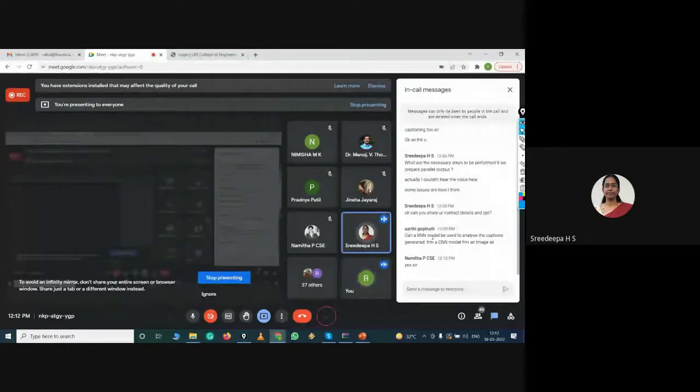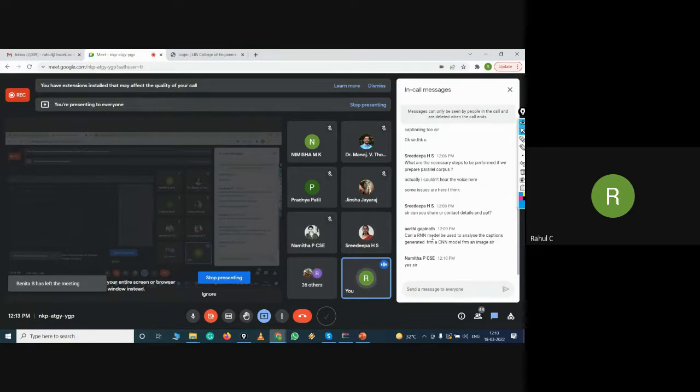Okay, sir. My doubt is how can we incorporate these features into this neural network or word embedding algorithm? What you can do is take a ready-made word embedding algorithm. The standard word2vec and GloVe methods are there. You just analyze the code, how they are doing that.